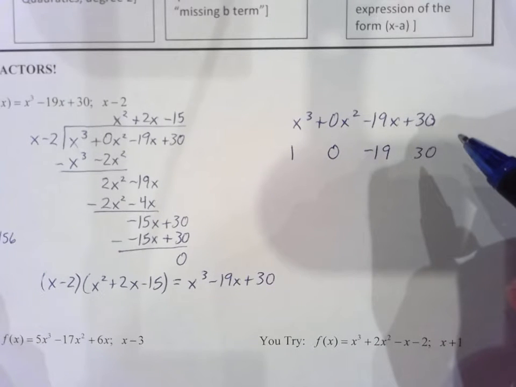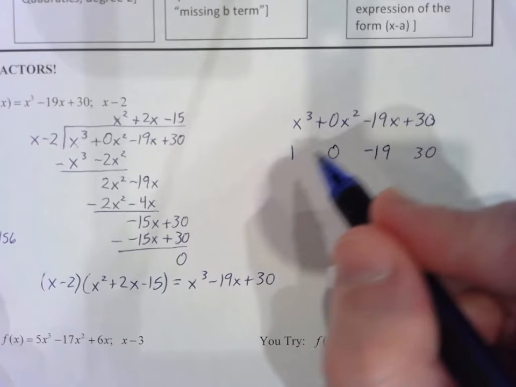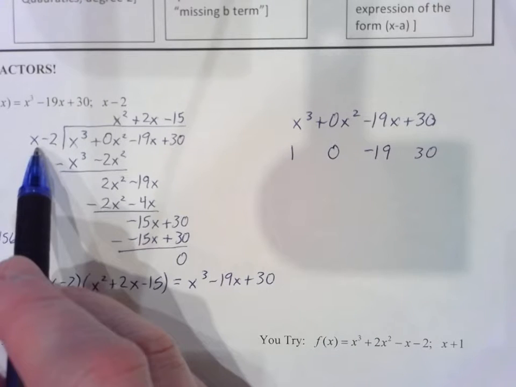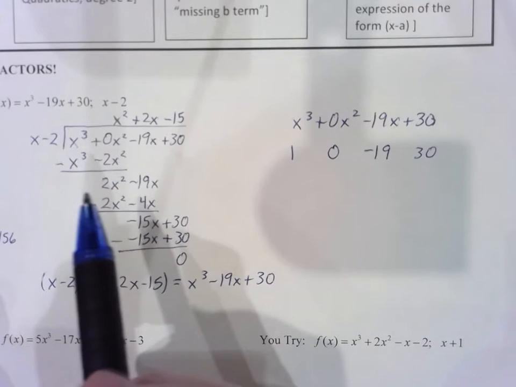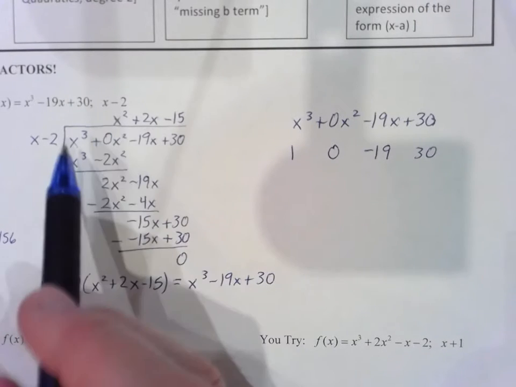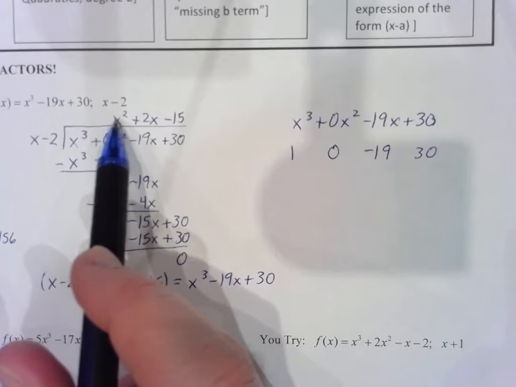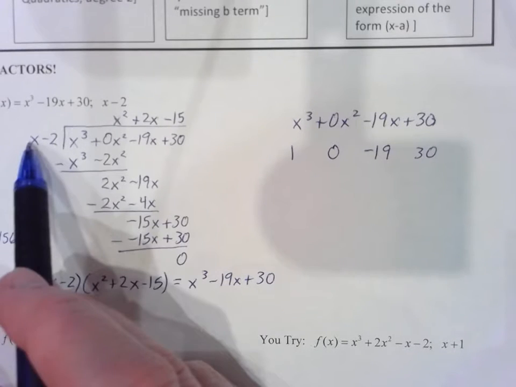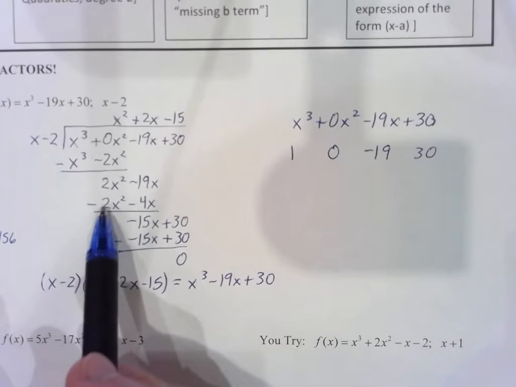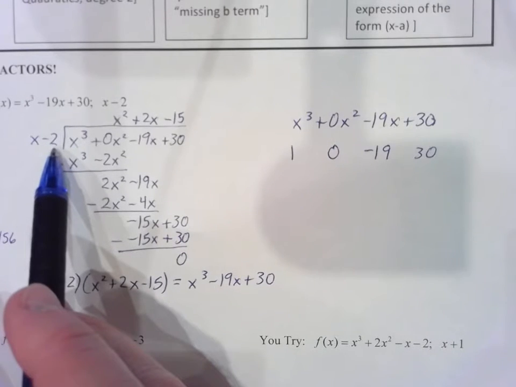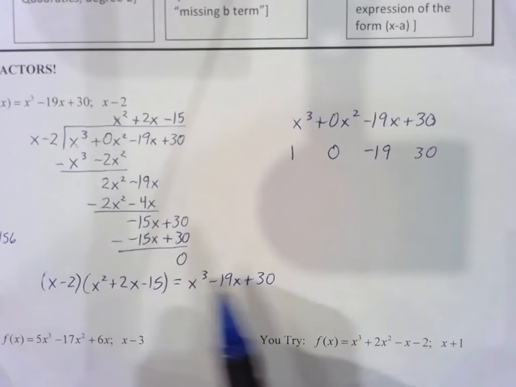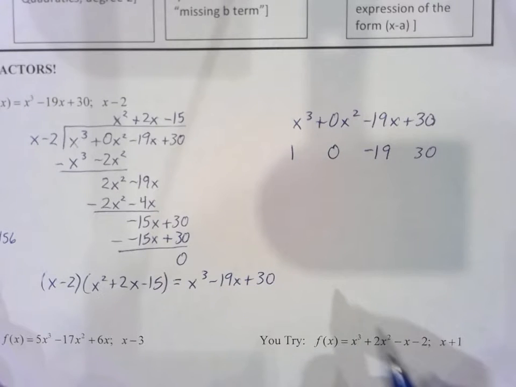Now the factor that we wanted to divide this by is x minus 2. The part that we're interested in is when we multiply each of these, the x is already taken care of. That's always going to subtract, but it's the minus 2 that we're interested in. With synthetic division, we use the 0 instead of the factor.